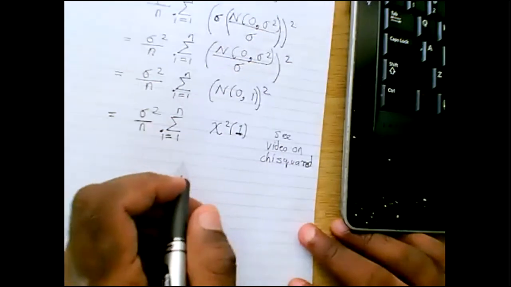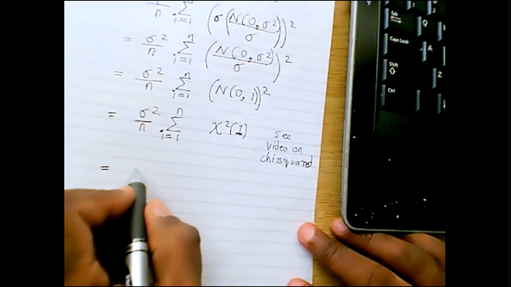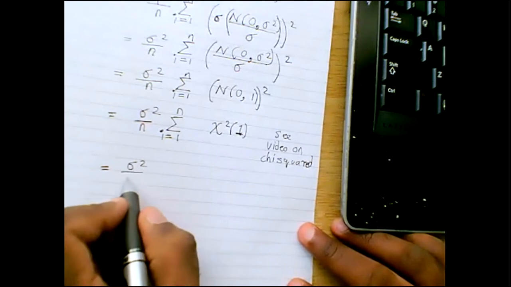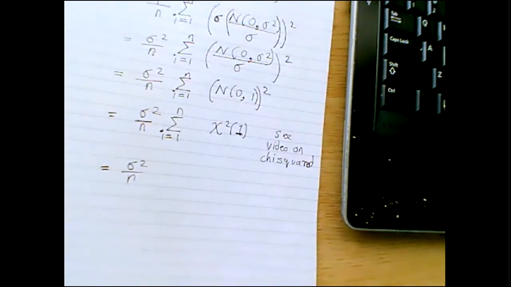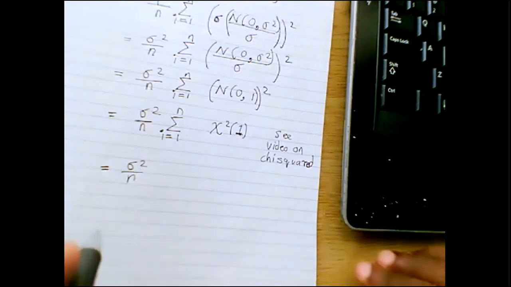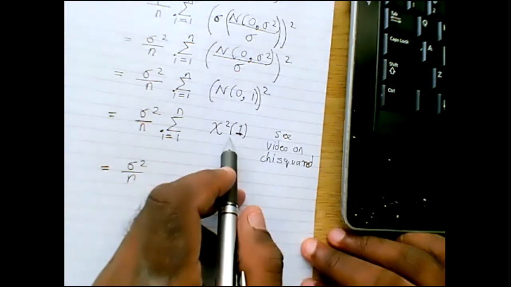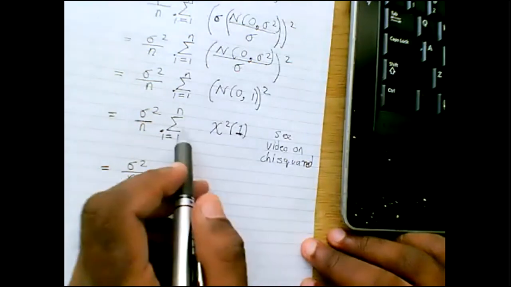Another property that I mentioned in the same video is that if you sum two different chi-squared variables, then what you get is also a chi-squared with the degrees of freedom being the sum of the degrees of freedom. So in this case, you have n different chi-squared variables, and you're summing them.